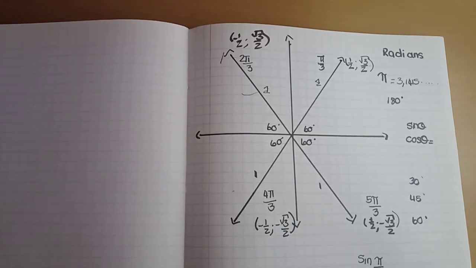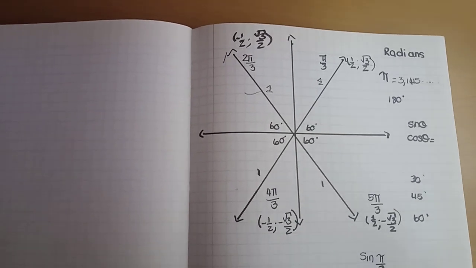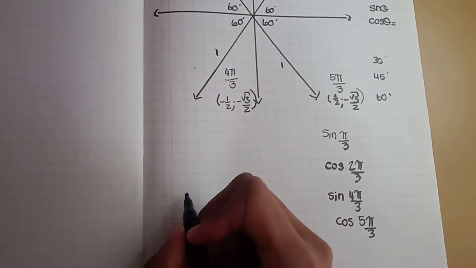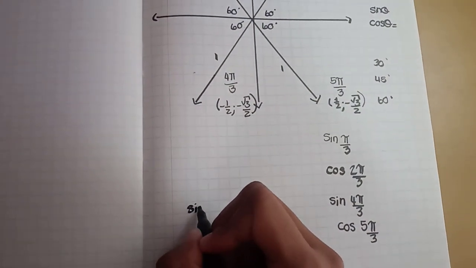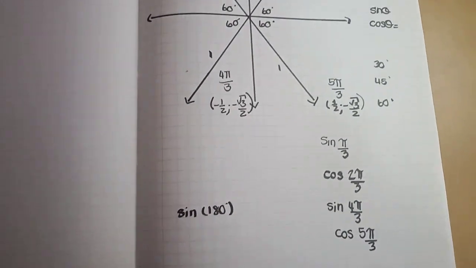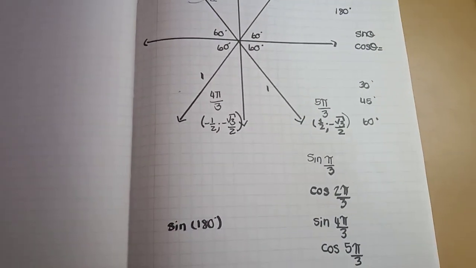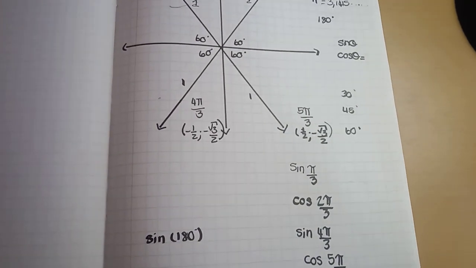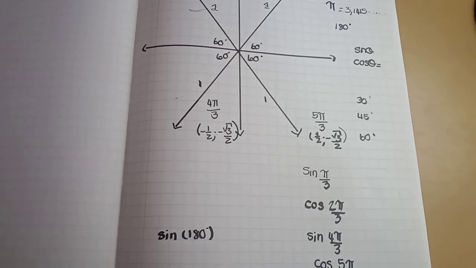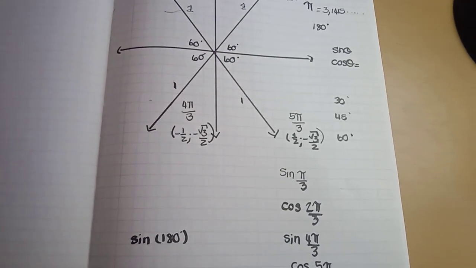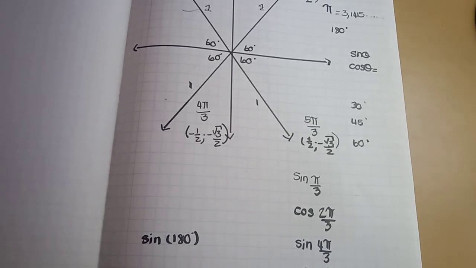Now I also want to show you another way we can do this by using reduction. If you have something like sine 180, and you want to find out what the value of sine 180 is, you can use a method called reduction. What reduction does is turn this big angle, this obtuse angle, into an acute angle.